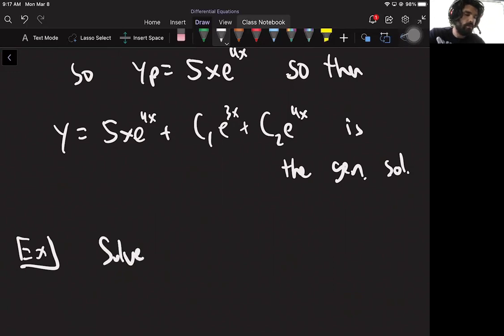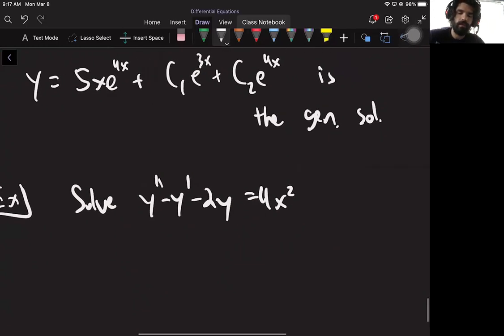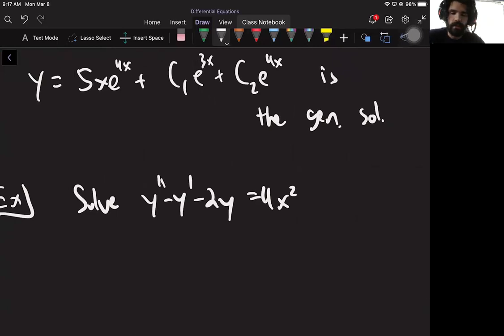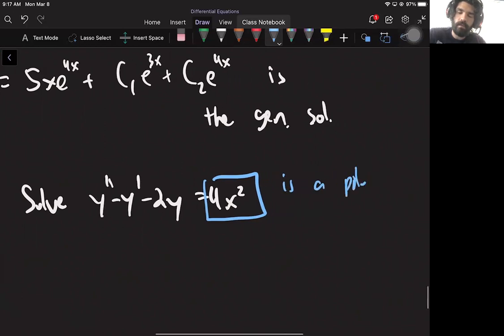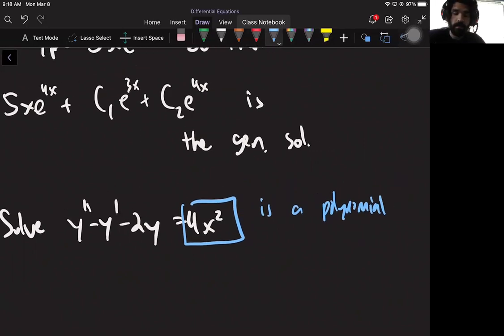Another type of nice function is a polynomial, which is just powers of x, because when you take derivatives of powers of x, the powers go down and you get a new polynomial. So this technique will also work here. This guy is a polynomial. In particular, it's a quadratic. So the technique will work again.